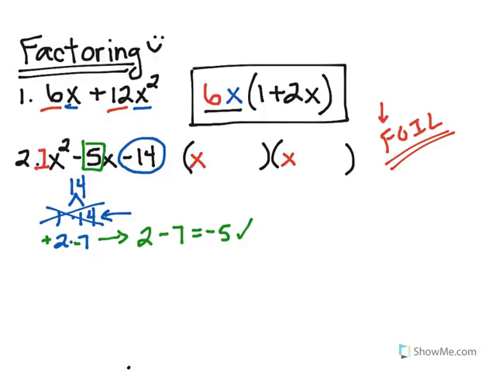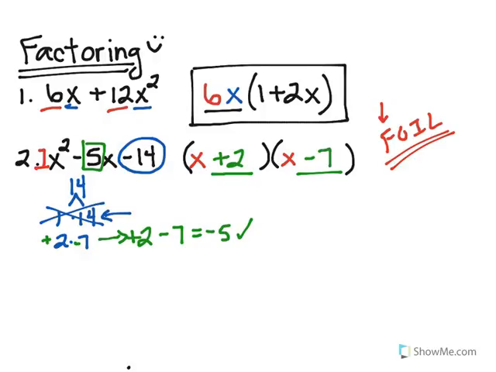So the part about filling in the rest of this answer, in other words, whatever goes here and here, is whatever we decided that 2 and that 7 should be. So one of these gets a positive 2, and the other one gets a negative 7.